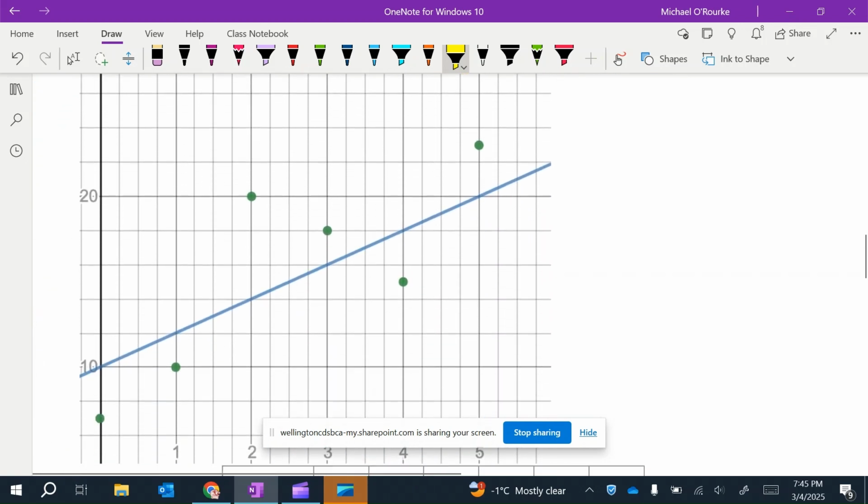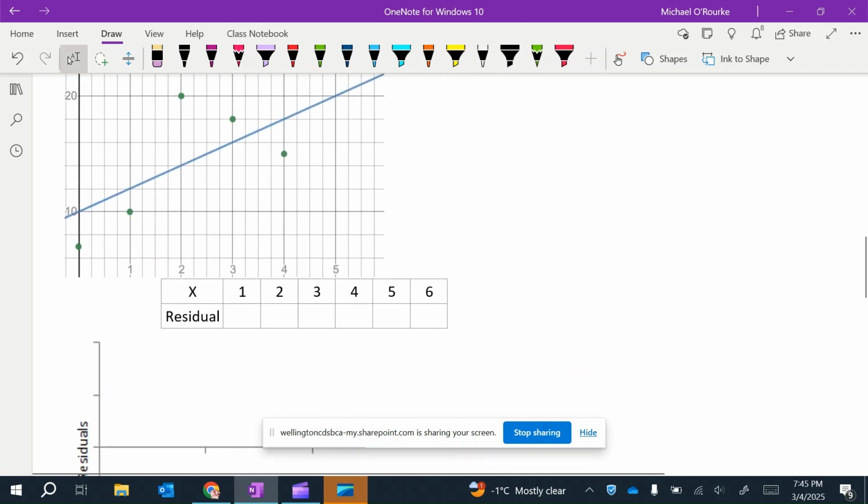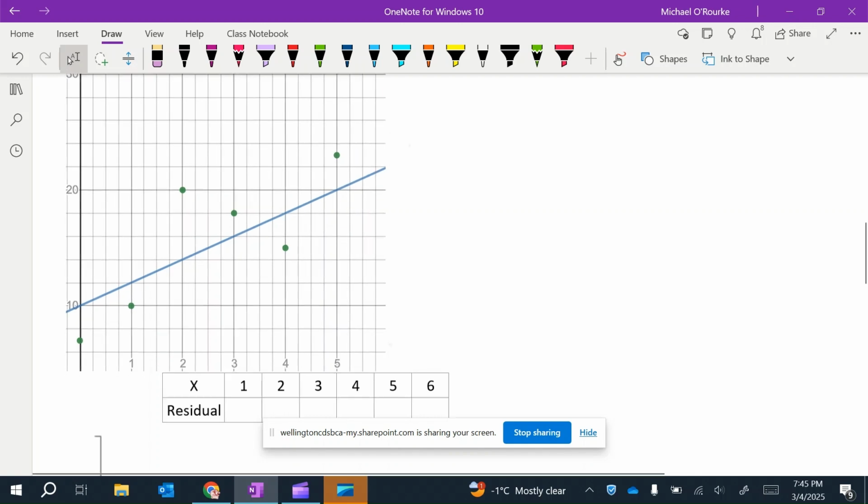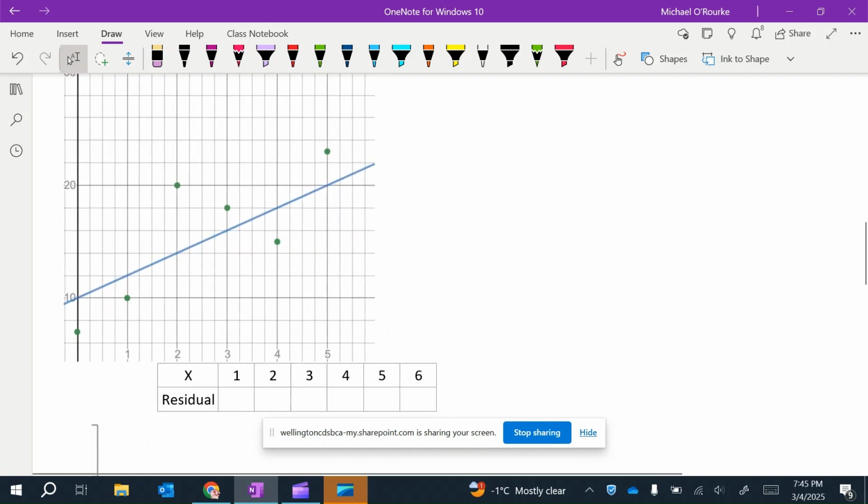So let's get down to the nitty-gritty. For the first one, let's figure out how much these are worth. It looks like this is 12, 14, 16, 18, so every one of these squares is 2.